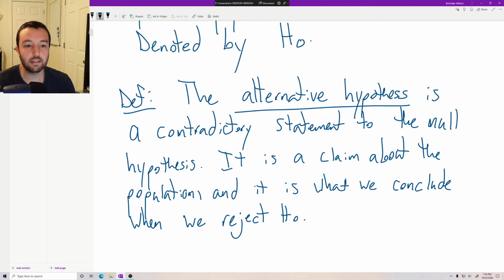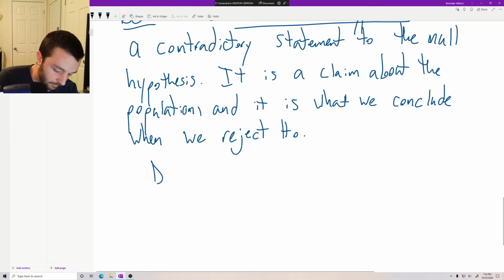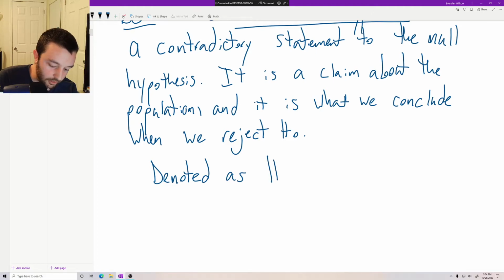It just means that we need to do more, basically, or that we can't claim that yet. It doesn't mean that we disproved it. So after we do that, we make a decision. Okay. Oh, by the way, the alternative hypothesis is denoted as H sub A for alternative. Okay.